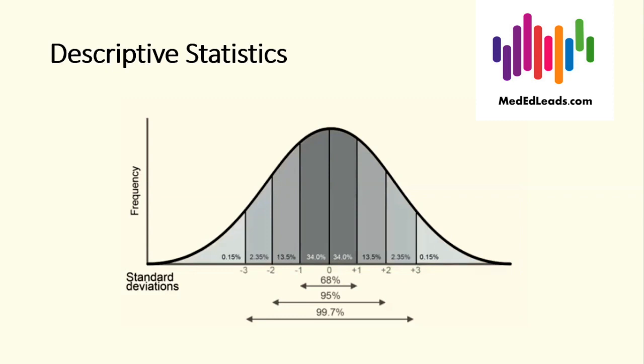And plus minus 2 standard deviations, which means 50 minus 20 and 50 plus 20, you expect around 95% of the students to be there. So 50 minus 20 is 30, 50 plus 20 is 70. So you expect 95% of your students to be scoring between 30 and 70%.